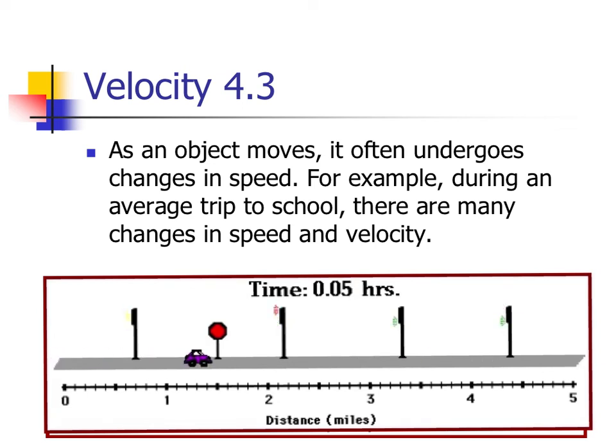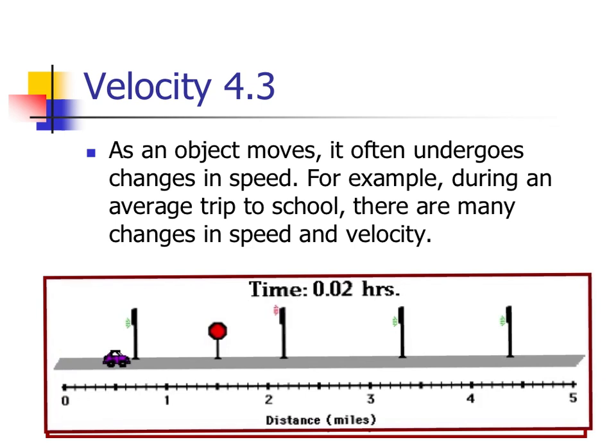However, because of stop signs and stop lights, people have to stop, which is going to slow you down and change your average speed. And because you're changing in speed, because you're slowing up, stopping, going back and forth, your velocity is also going to be changing.